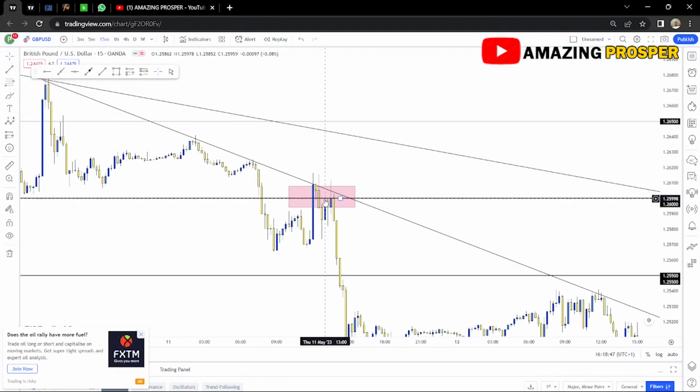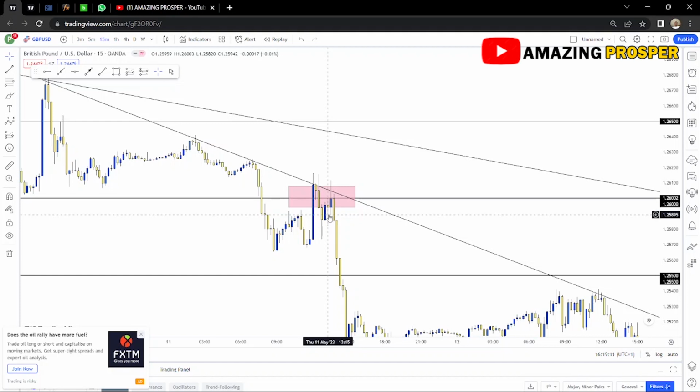Once I see this first leg, I know that this is a psychology level, and this is the first, second, and third bounce. The third bounce always moves the market. The third bounce of a trend line is a very good setup if you want to trade it.